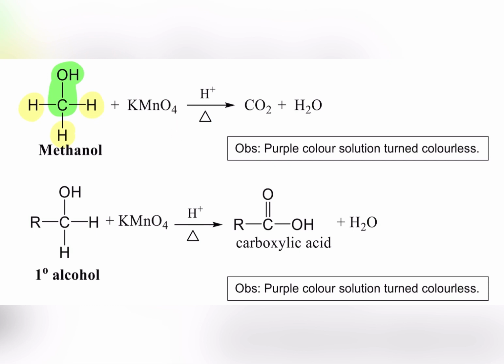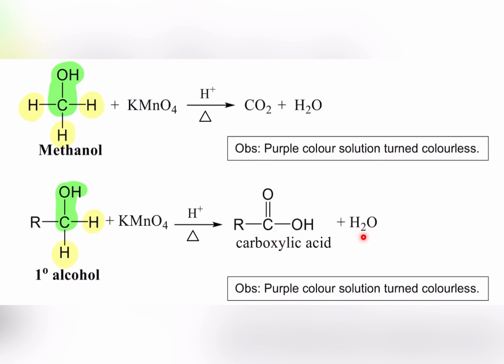Next one, I have primary alcohol, where this carbon is attached to the OH group, and this carbon as well has one alkyl group and two hydrogen atoms. It reacts with acidified potassium permanganate in acidic condition, and you will form carboxylic acid plus H2O.